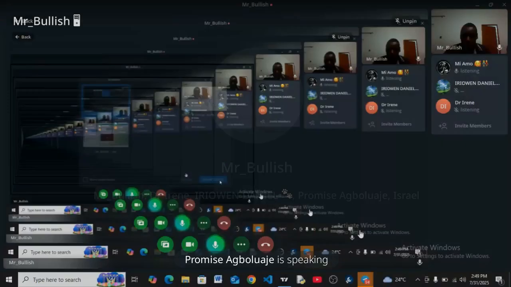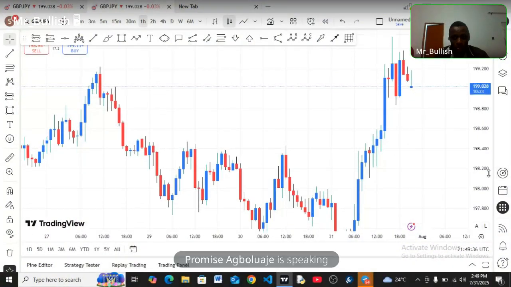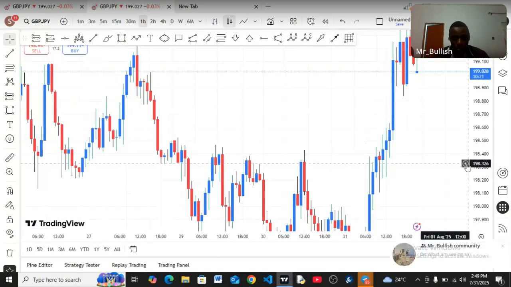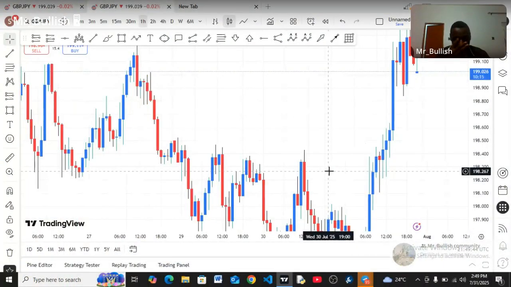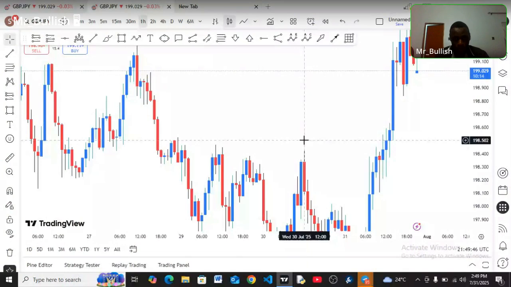Can you see it now? No. Yes. You can see TradingView now, right? Yes. Okay.